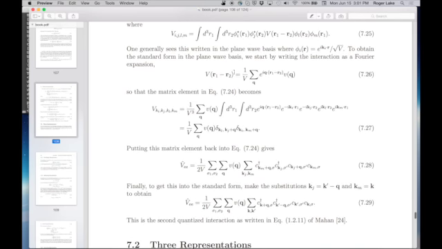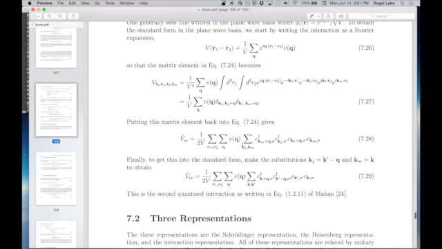Or if we just work it down, we can first write this as its Fourier transform and take the matrix elements. The matrix elements are now just matrix elements of a bunch of plane waves, right? Here's the r dependence of this and all the other plane waves from all the other phi's. And so you just get a Kronecker delta, you switch some indices, and finally you get it into the form, and I even give you the exact equation in the notes.